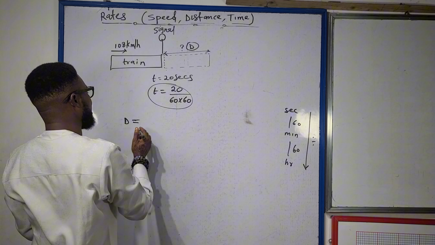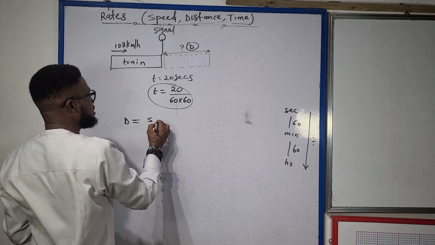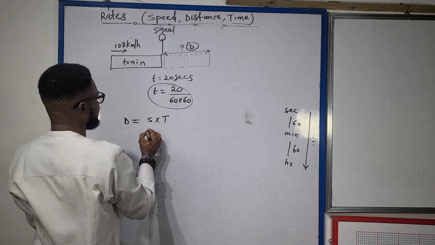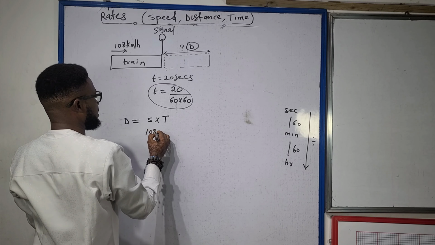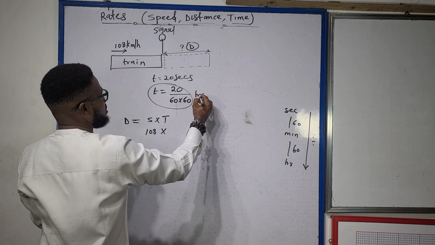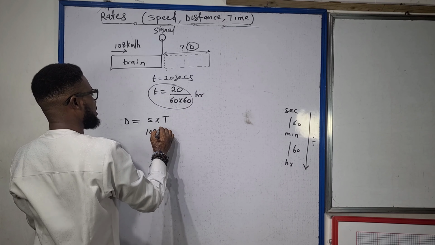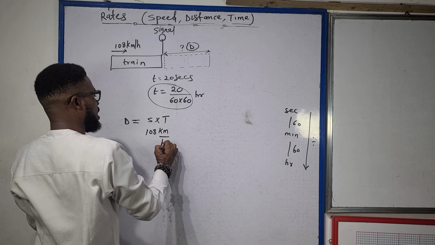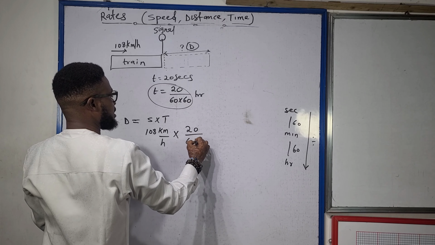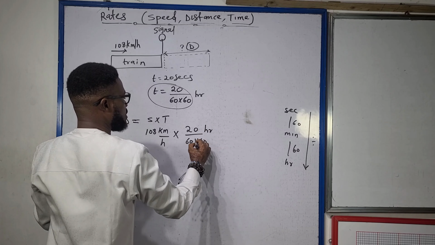Distance actually is speed times time. So the speed here is 108 kilometers per hour times the timing, which is in hours now. That is 108 kilometers per hour times 20 over 60 times 60 hours.